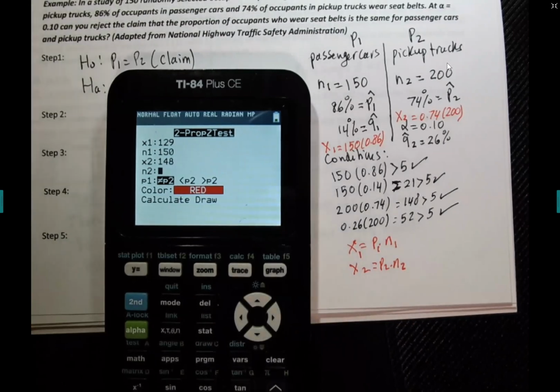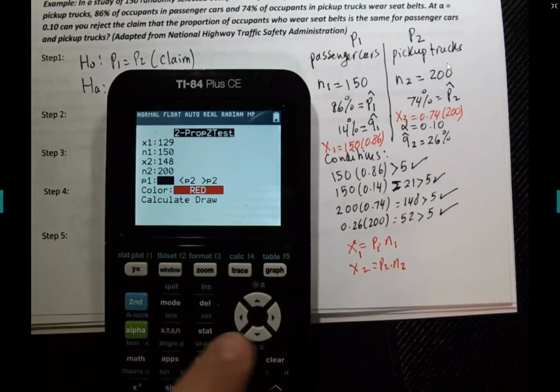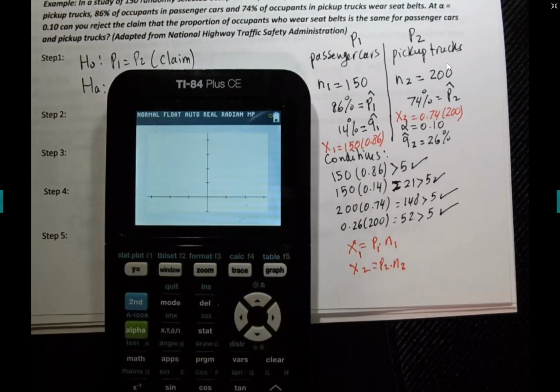I got 148. And then n2 is 200. And now, guys, I need to select the sign from the alternative, which is not equal. And if you want to see a draw, for example, let me show you a draw. And that should be it.